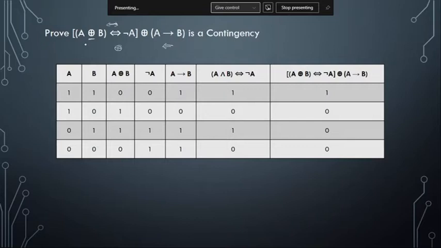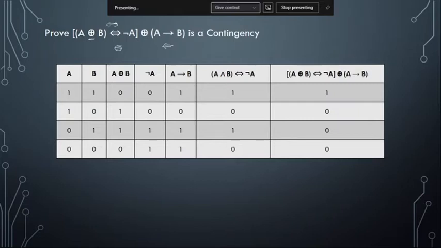First things first, break down the proposition. Exclusive OR is the opposite of biconditional. In biconditional, if both variables have the same value, whether true or false, the return value is true. If they don't have the same value, the return value is false.